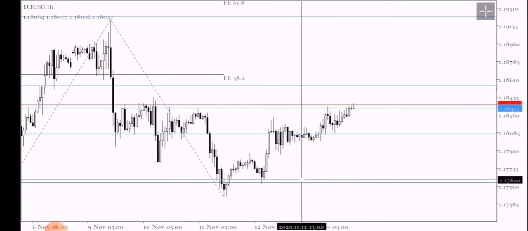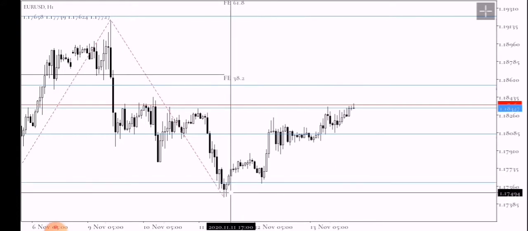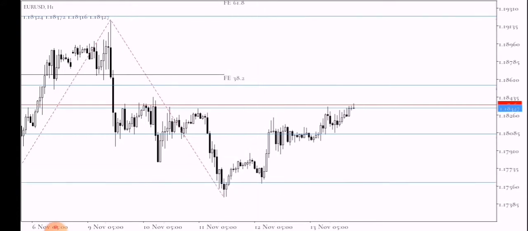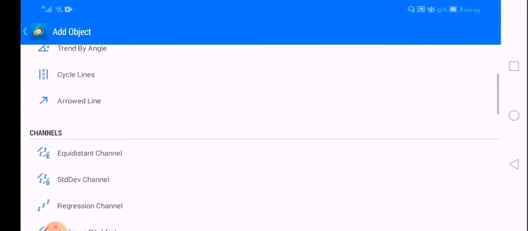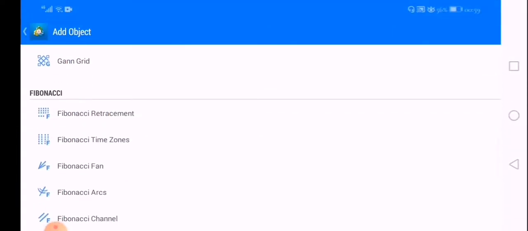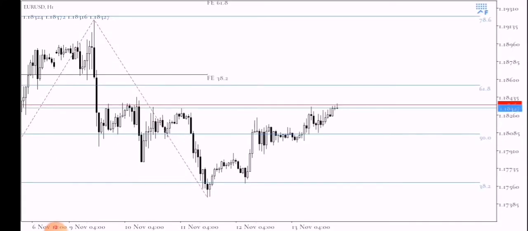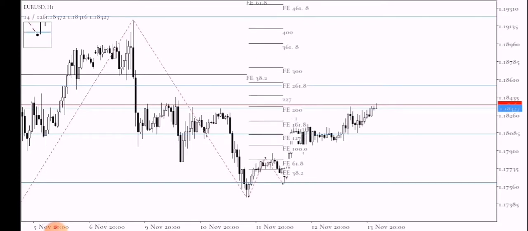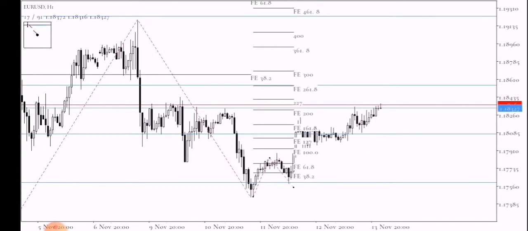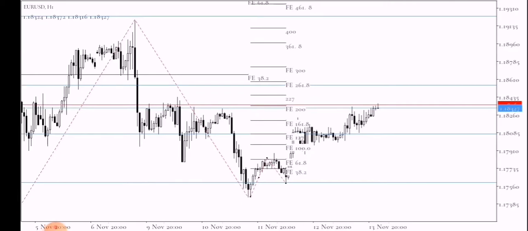So here what I want to show you is that, let me take a Fibonacci expansion tool. I'm going to be drawing at that wave 1.